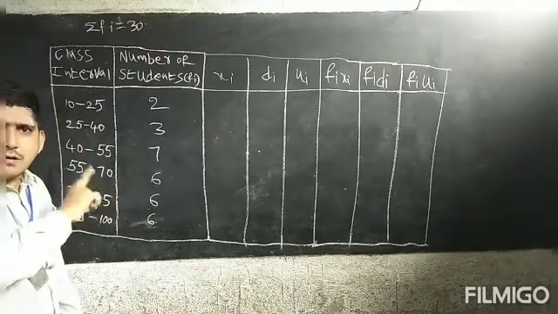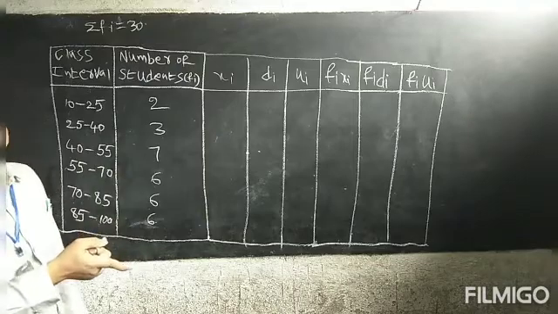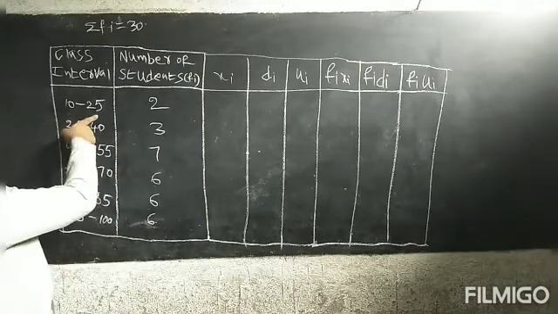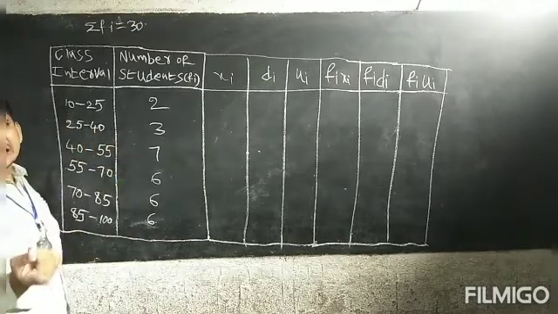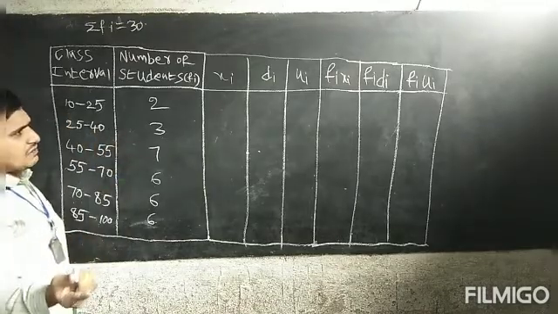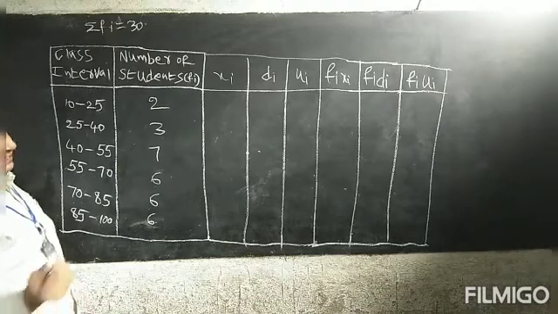Now, how do I have to find the class marks? Lower boundary plus upper boundary by 2. So 10 plus 25, how much? 35. 35 by 2, 17.5.